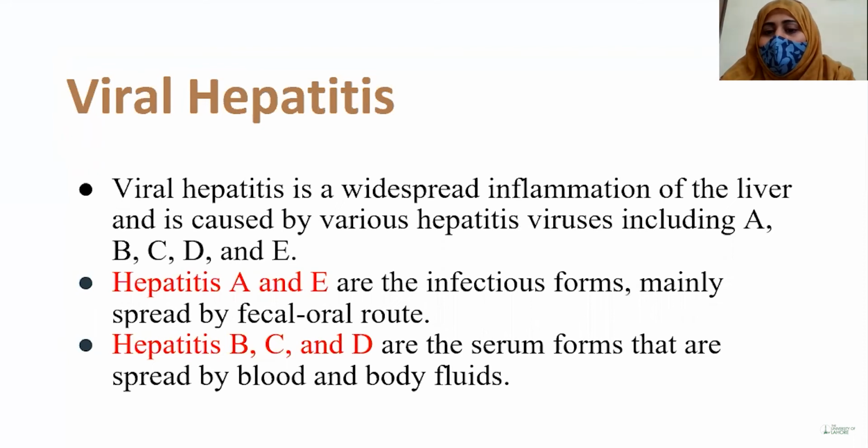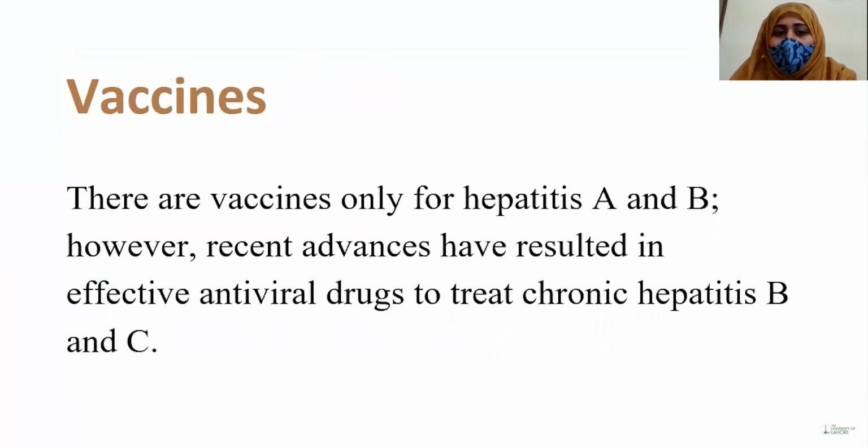Hepatitis B, C, and D are the serum forms that are spread by blood and body fluids. Vaccines are available only for hepatitis A and B. However, recent advances have resulted in effective antiviral drugs to treat chronic hepatitis B and C.